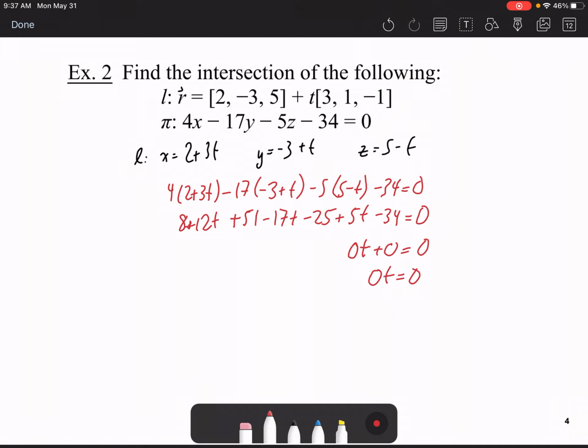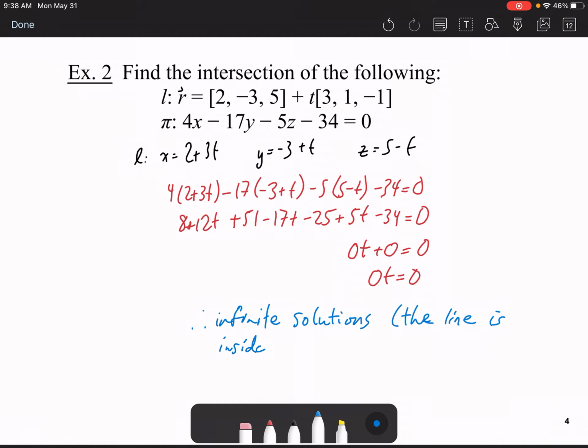That means t can be any value, and therefore infinite solutions. The line is inside the plane. You don't have to go any further and actually state the line again. You can just state that the line and the plane intersect in infinite solutions.